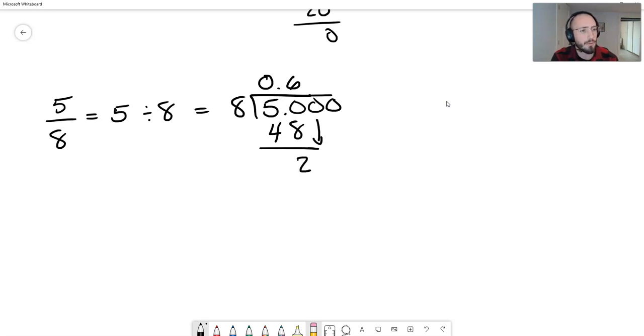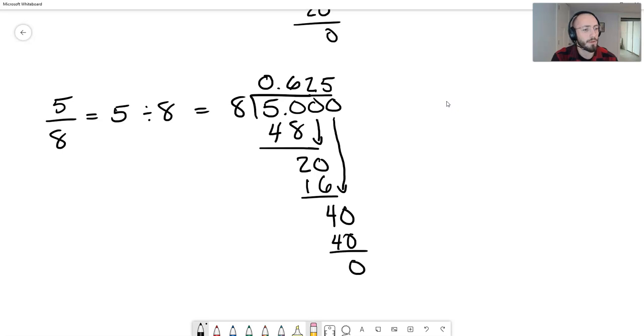Bring down our 0. We get 20. 8 goes into 20 twice. 2 times 8 is 16. We subtract and we get 4. Bring down our 0. And this is looking good because 8 goes into 40 exactly 5 times. So 5 times 8 is 40, and we're left with a remainder of 0.